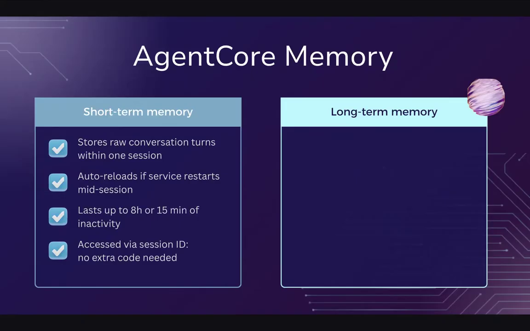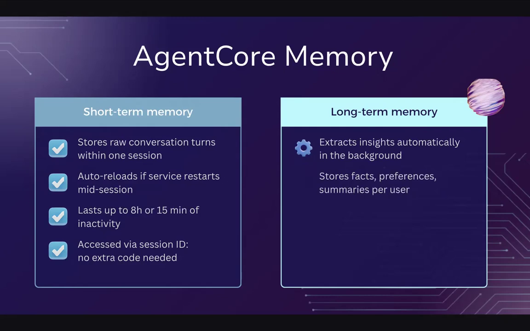No custom code needed. And the long-term memory is more powerful. After a session ends, AgentCore automatically runs a background process that reads the conversation and extracts meaningful insights: facts, preferences, and summaries. These are stored as structured records and persisted up to 365 days, or 1 year.